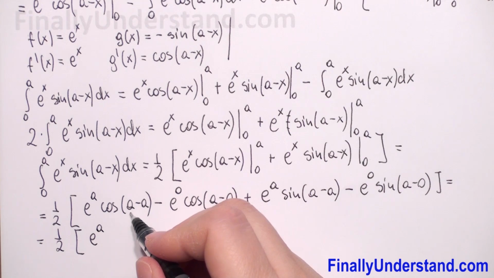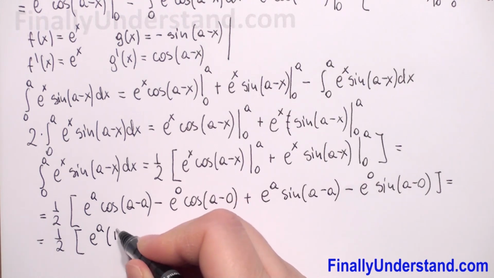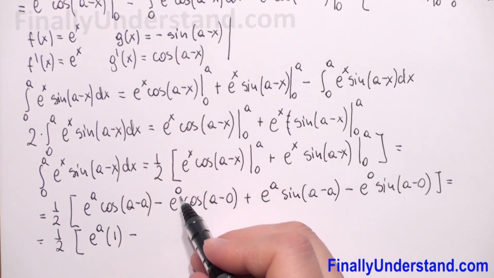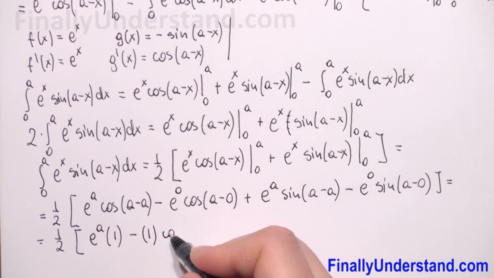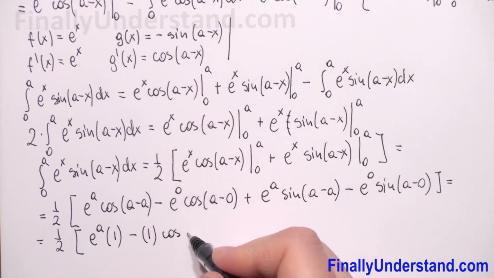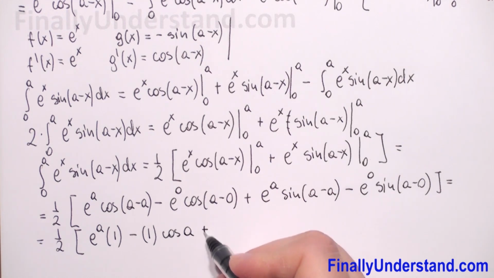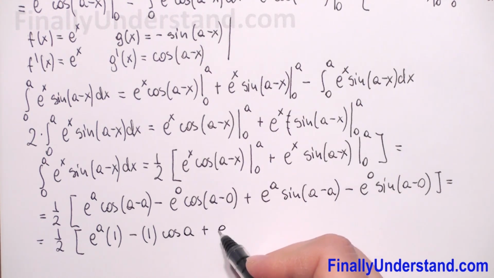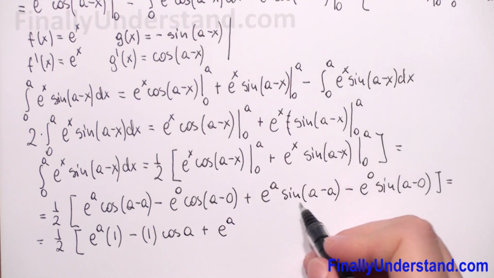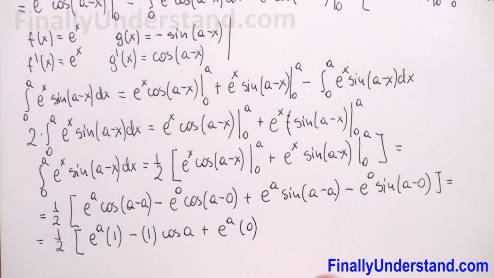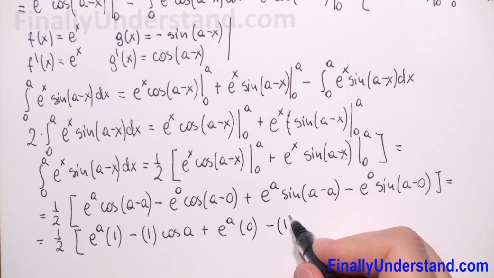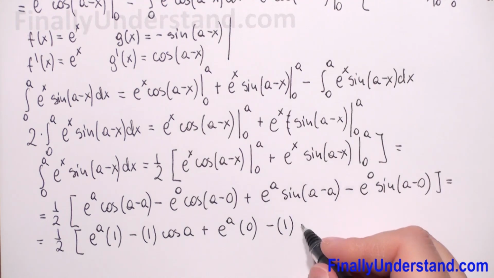This is equal to 1/2, and in brackets we will have e to power a, cosine 0, because a minus a is 0, cosine 0 is 1, minus e to power 0 is 1, so we have 1 times cosine of a minus 0, which is a, plus we have e to power a sine of a minus a, which is 0, sine of 0 is 0, minus e to power 0 is 1, and we have sine of a.